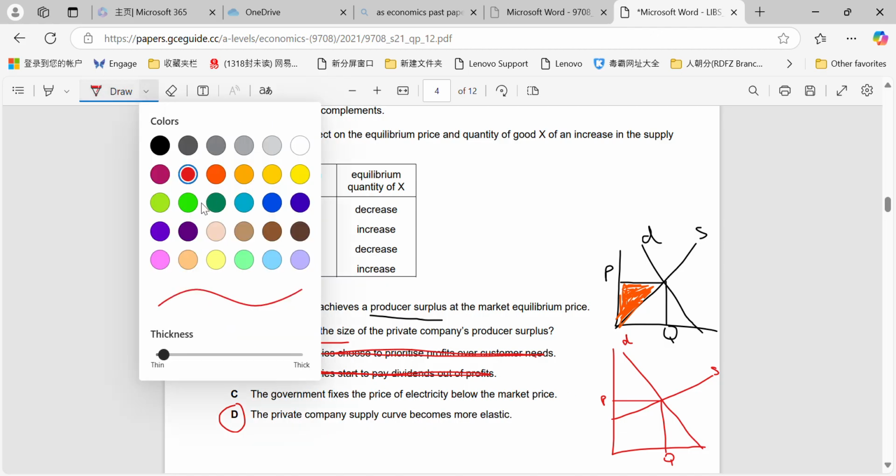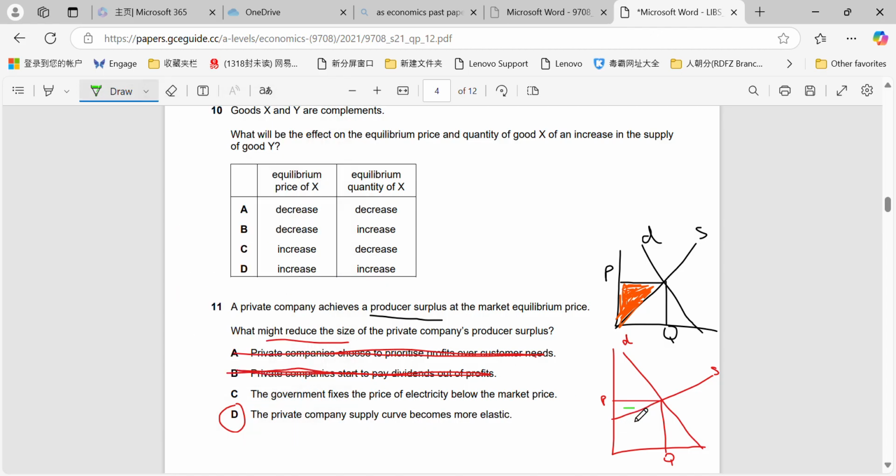And if it starts from a point that is higher up the vertical axis, the total area of the producer surplus would be much smaller, because as it becomes more elastic, they're more willing to charge a higher starting price than they would be previously, which reduces the total area. So when it's unitary, for example, the area is much larger. When it's inelastic, it would be even larger than that. And then when it's elastic, the producer surplus area is smaller.